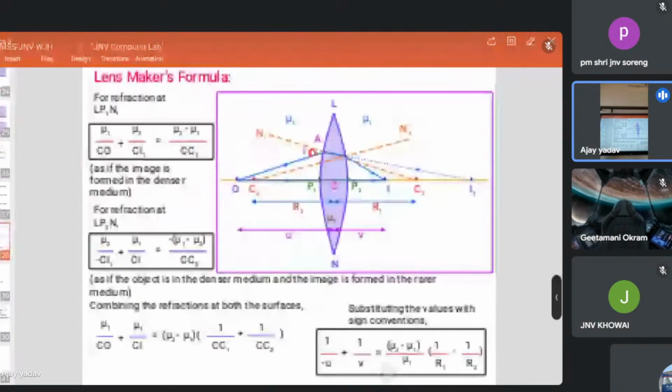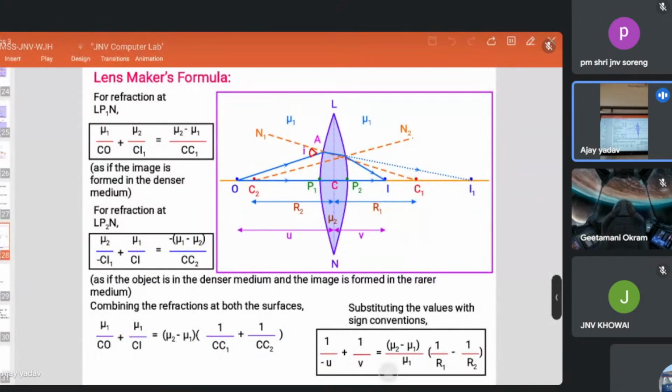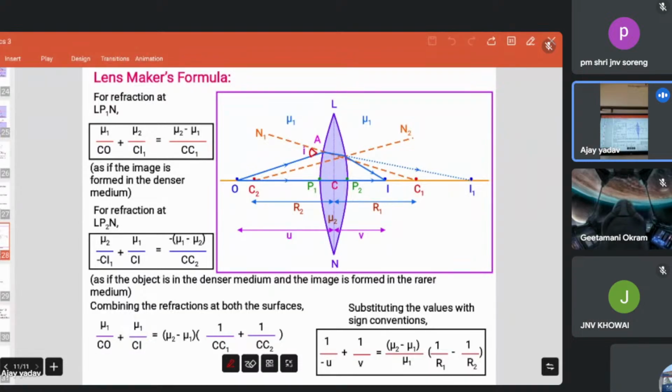Now we will start our next topic, that is lens maker formula, for a convex lens or a concave lens. For both lenses, the lens maker formula is similar.